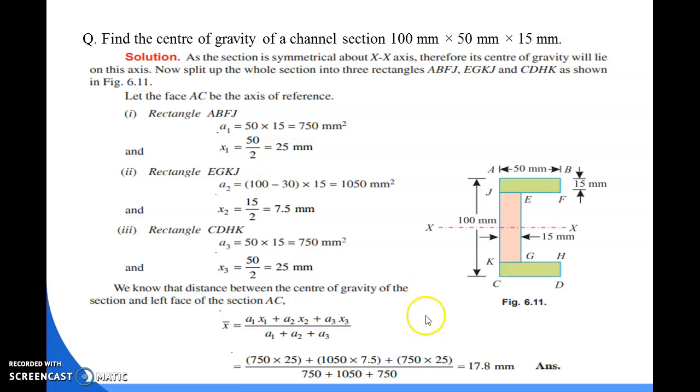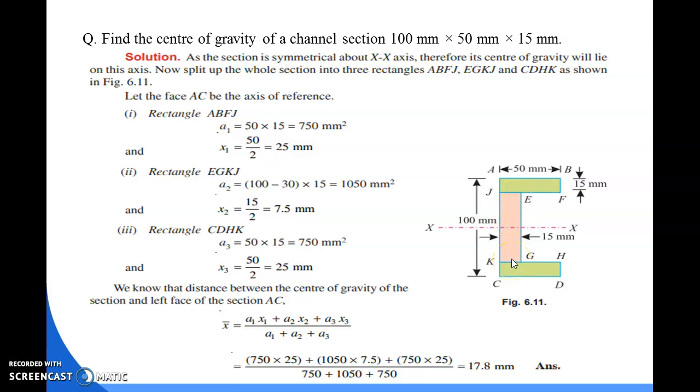So you can see this is the figure of channel section, and a channel section consists of three parts. One is top flange, second one is bottom flange, and third one is the web portion.